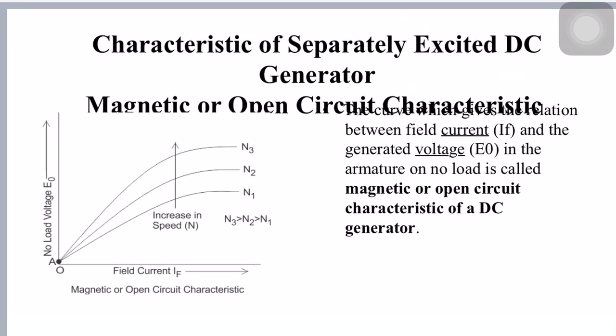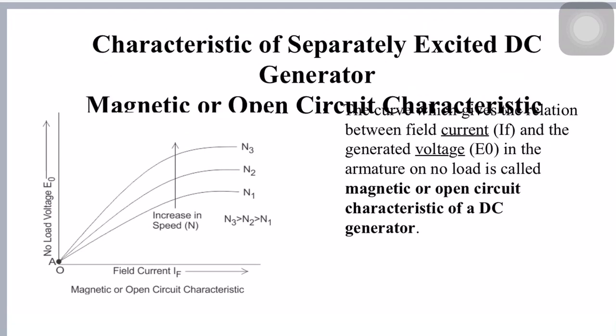After that arrow mark, that is with increase in speed N, the reluctance of iron also comes into picture. So we have to consider the reluctance of iron also, because at higher flux densities the reluctance of iron is no longer negligible.